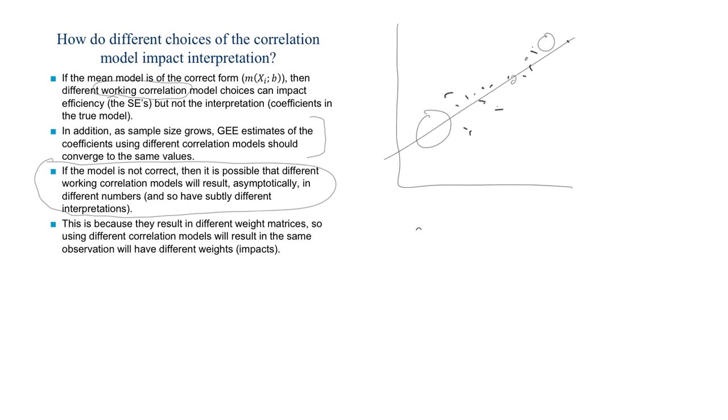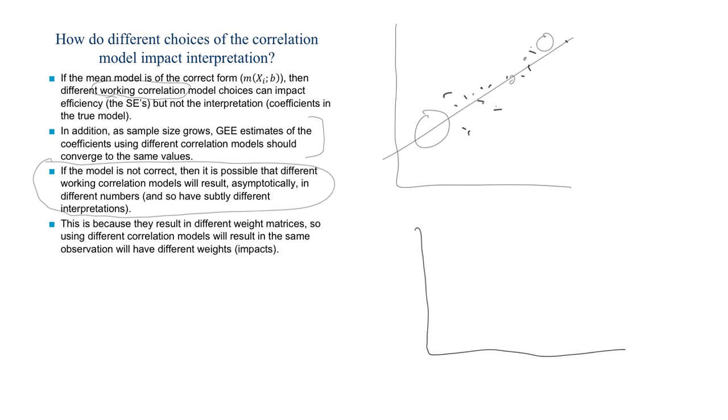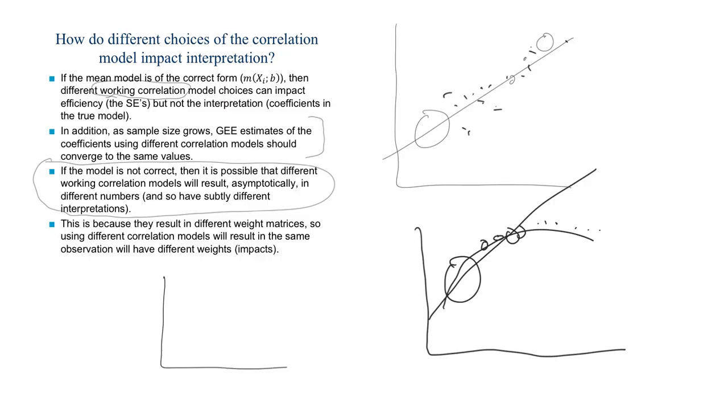However, if I have something like this, and here's my true pattern, and here are the weights. So big weights over here and small weights here. If I fit this one, it's going to go to this. That's the best fitting line given those weights. If I do another one with the same kind of pattern, but now I have small weights here and big weights here, it's going to go to this.